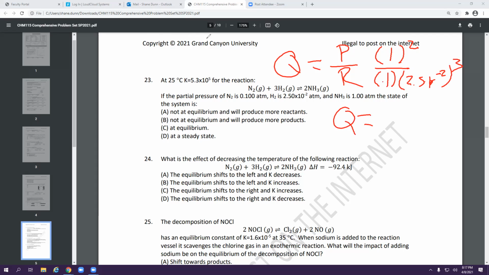Someone tell me what Q equals. Huh? It should be a big number. What did you get? Or 6.4 times 10 to the 5th.